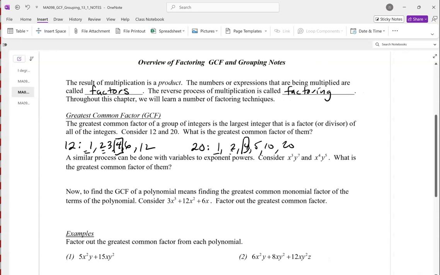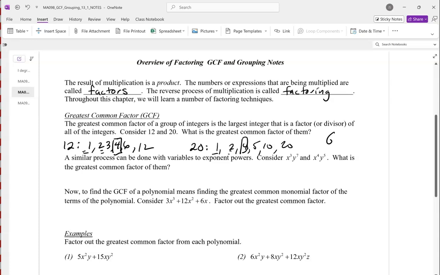So that's what we refer to as the greatest common factor, or the GCF, of 12 and 20 is 4. Good. And this is pretty much the only process that we have right now for figuring out the greatest common factor of 2 numbers: look at the factors of the first one, look at the factors of the second one, figure out what they have in common, and grab the biggest.